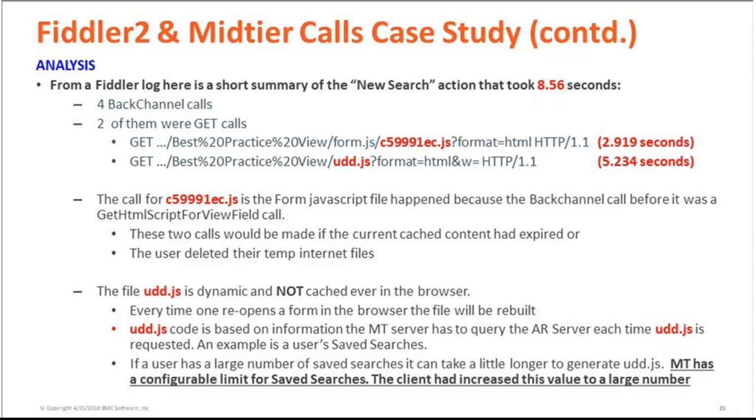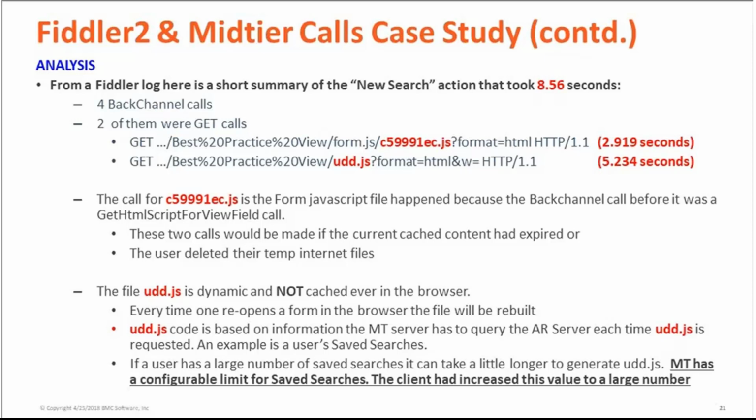The first JavaScript call happens because the back channel call before it was a get HTML script for view field call, and these two calls would be made if the current cached content has expired or the user has deleted their temp internet files. The second call, the one that took 60% of the time, was a udd.js call.